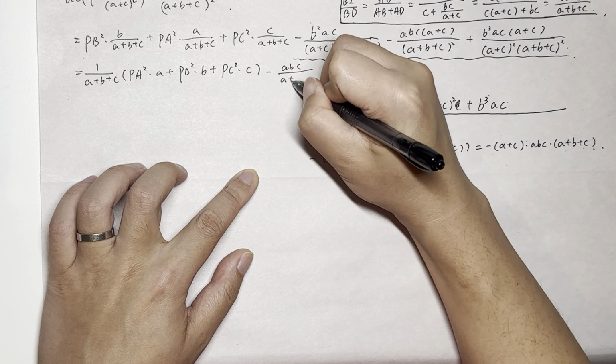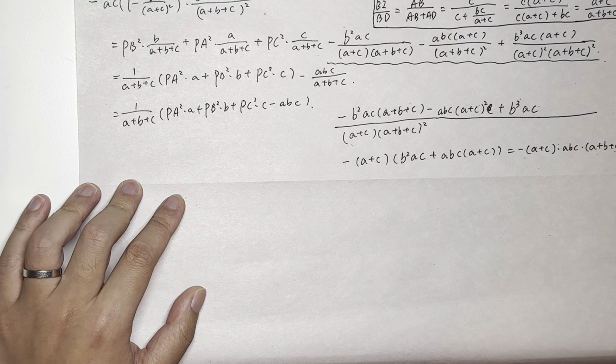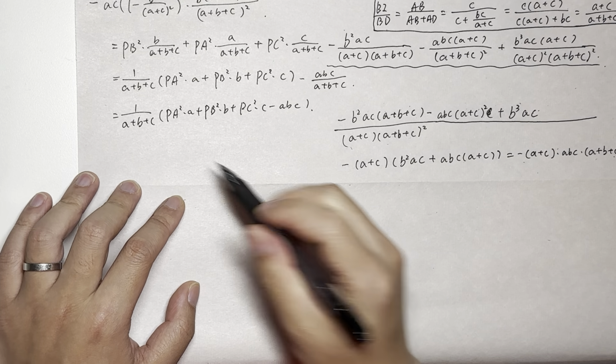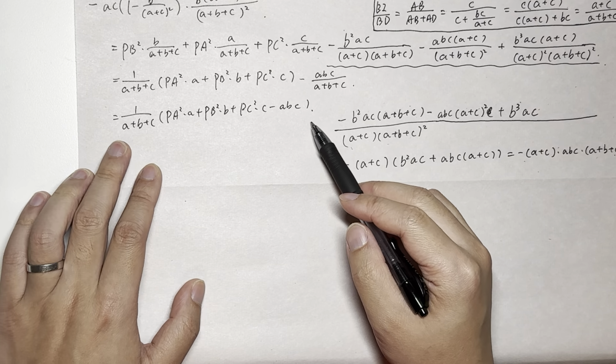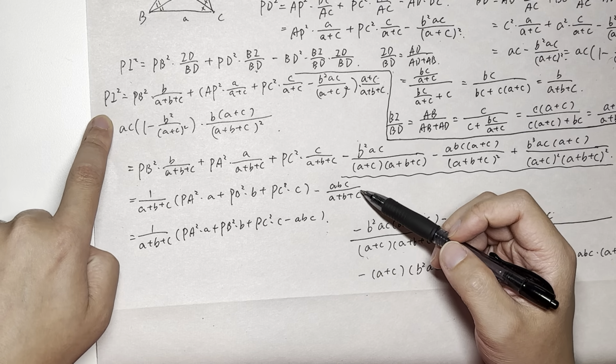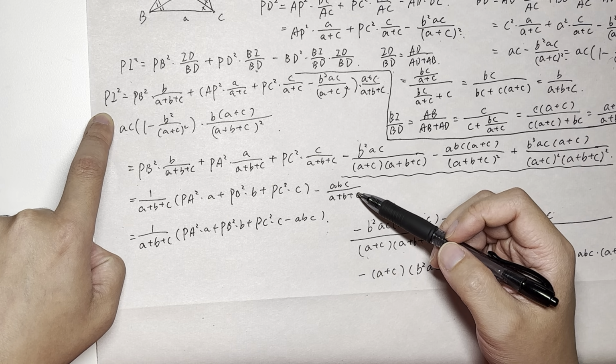So we can simplify it again to 1 over A plus B plus C times PA squared A plus PB squared B plus PC squared C minus ABC. Right? That is a general equation to find the PI square.